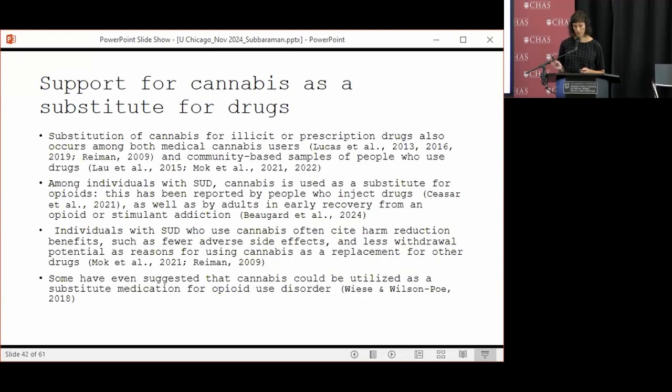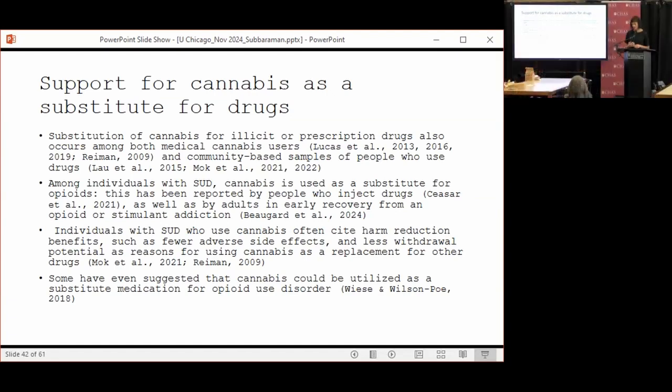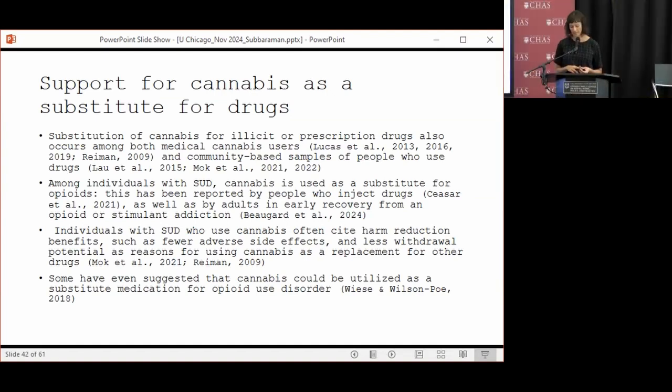There's also support for cannabis as a substitute for other drugs. This has again been seen among medical cannabis users, but also among community-based samples of people who use drugs: people who inject drugs, adults in early recovery from opioid or stimulant addiction.